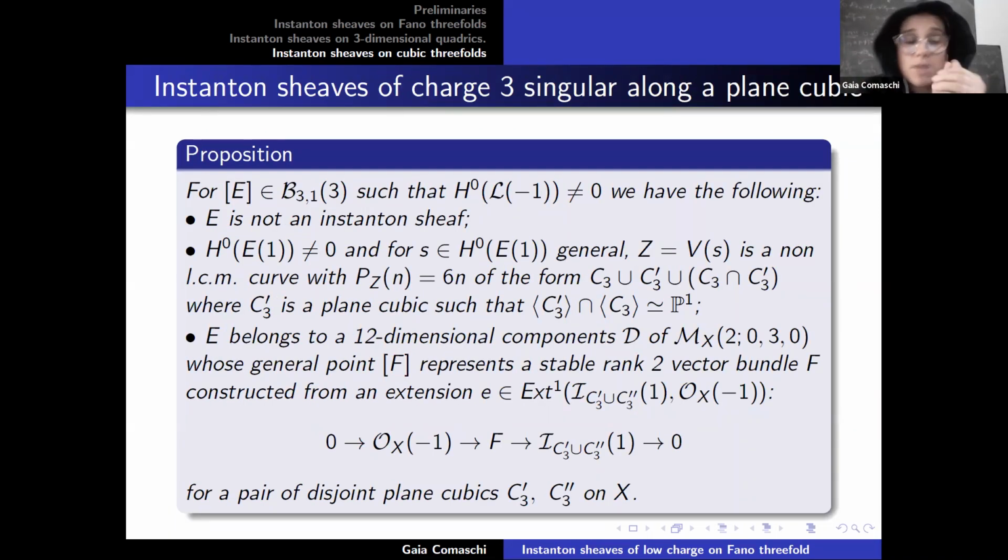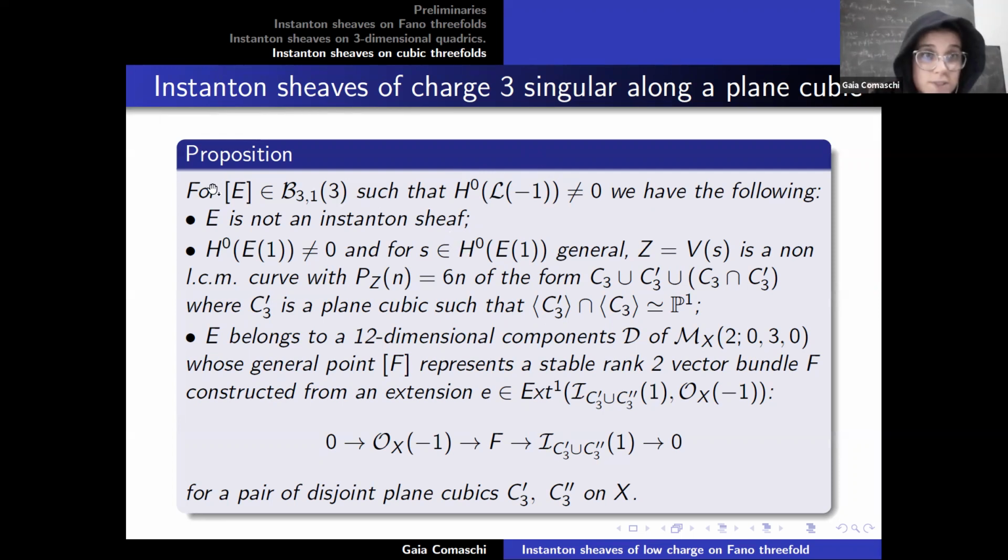And we have a codimension 1 family of sheaves that are not instanton, because the corresponding rank 0 sheaf does not satisfy the instantonic condition. So, for example, if their singular locus is a plane cubic, they are simply degree 3 line bundles arising from 3 collinear points.